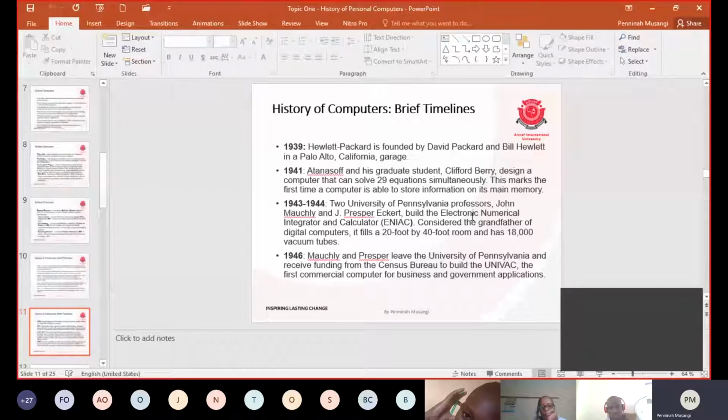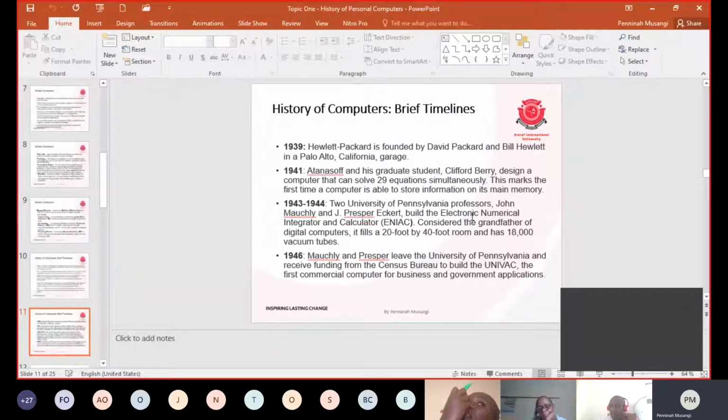So what is known is that ENIAC is actually the grandfather of computers. And it is not just computers, but digital computers. The previous computers were mechanical, but now ENIAC ushered in the era of digital computers. However, it was a very huge computer which could fill a 20 by 40 foot room.